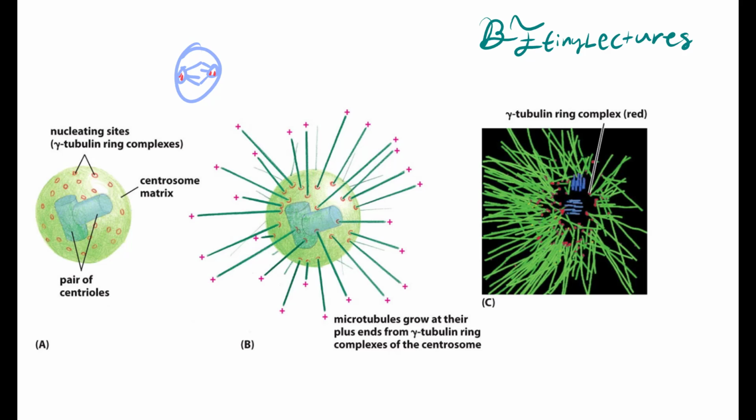These centrioles actually have a gamma tubulin ring. So it's kind of weird, but what you have to remember is that the beta ends are radiating outwards. So the beta end expands. But inside the centrosome, we have the alpha end, and the alpha end does not expand. Rather, it is anchored.